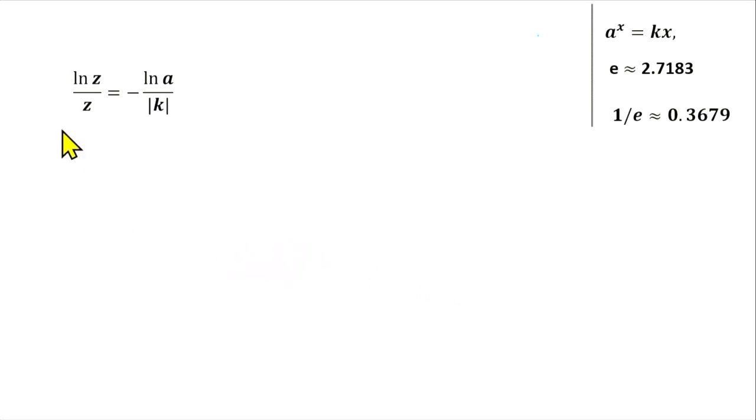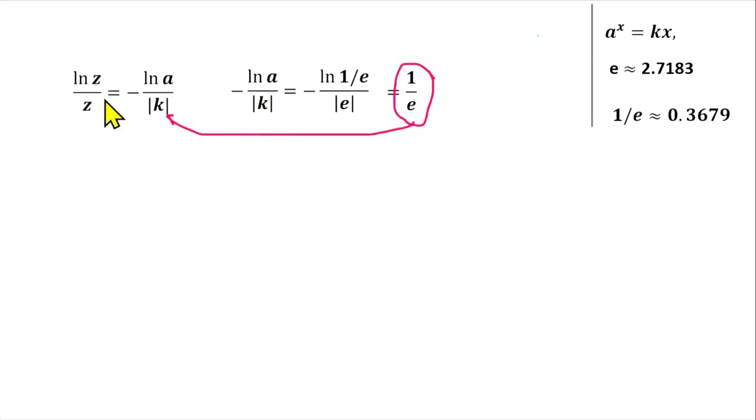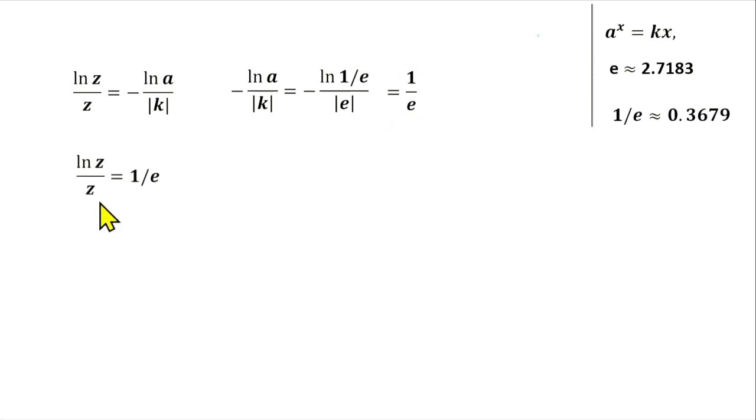So our equation is here. For a and k, which we have, this parameter is equal to 1 over e. So ln z over z equals 1 over e.